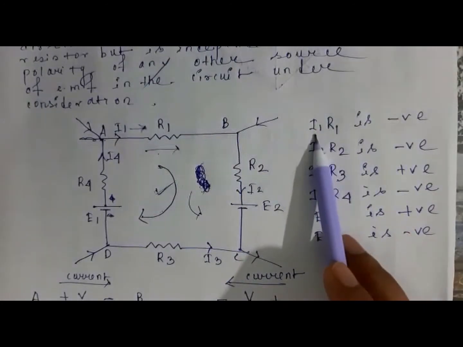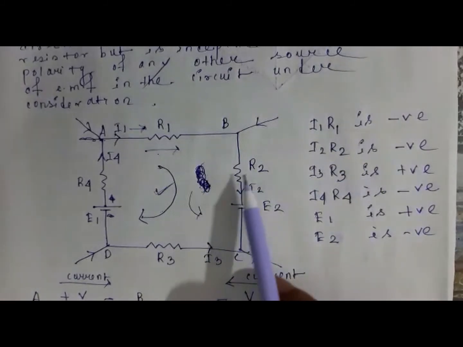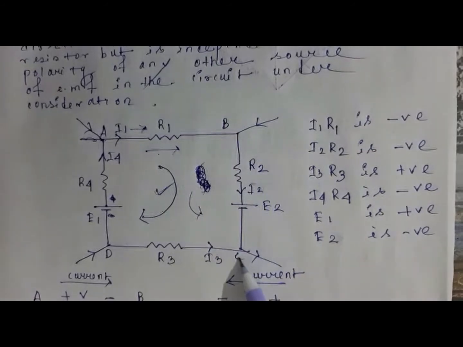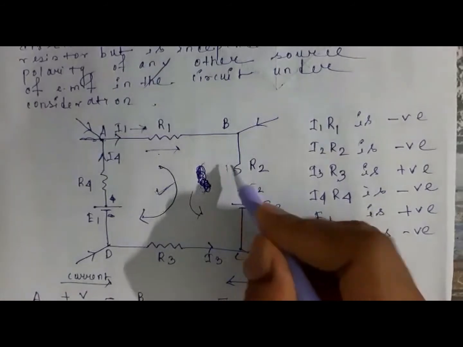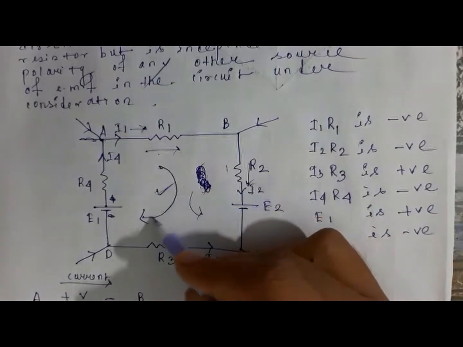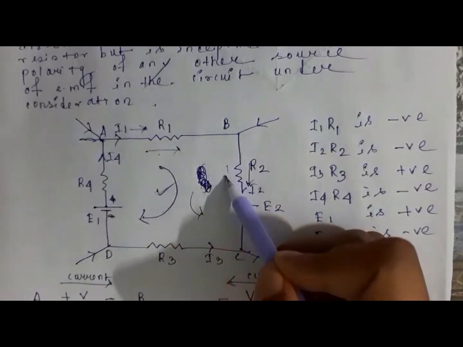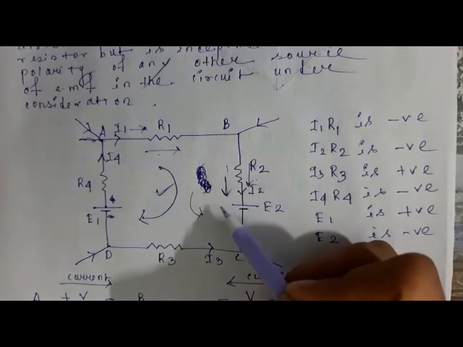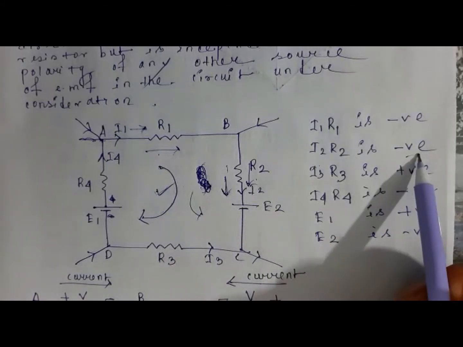So my I1 R1 is going to be negative. Look at this R2 for branch BC. My direction of current is in this direction and my direction of motion is also in this direction. So both are in the same direction, and similarly, the way we did previously, it's going to be negative.